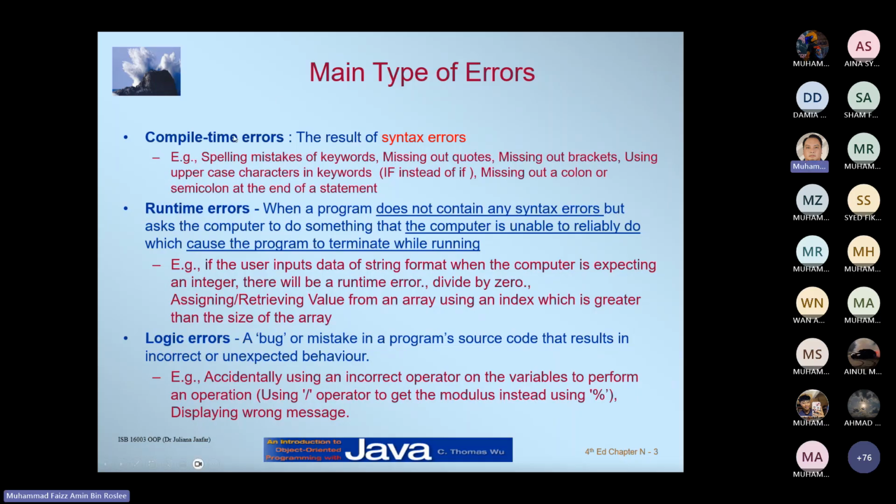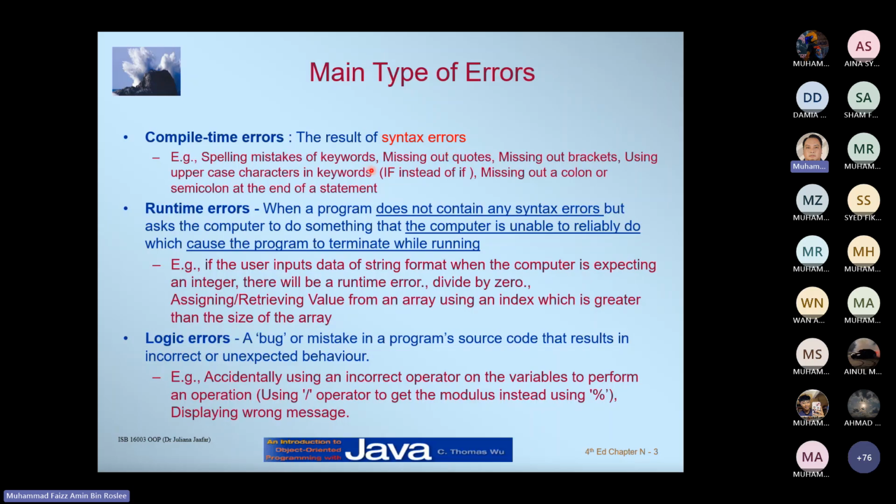So there are three main types of error in Java. The first one is the compile time error. This is because of syntax errors. For example, you make a spelling mistake of the keyword, miss out quotes, brackets, or semicolon.